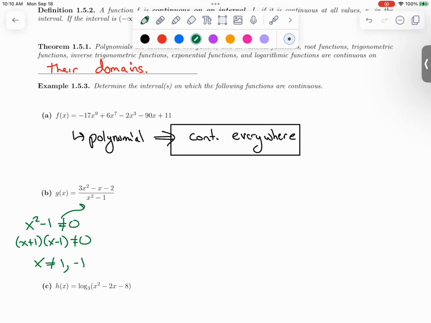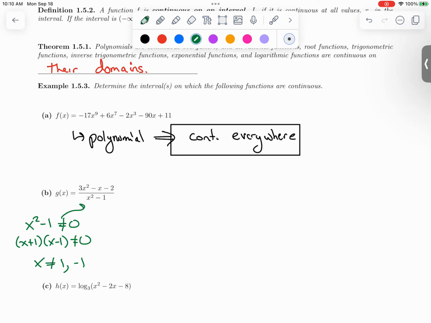Now notice the question says determine the intervals on which it's continuous. It doesn't tell me to find the points of discontinuity. It's saying find the intervals on which it's continuous. So it is continuous everywhere except for those two x values. If it helps you at first, you can always draw a number line.